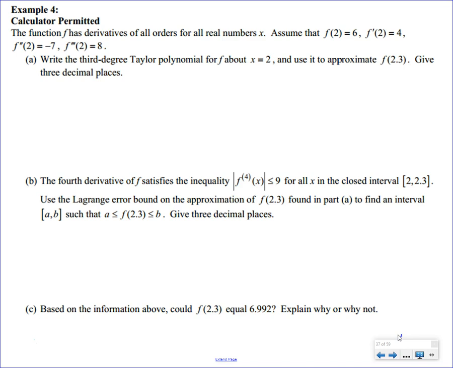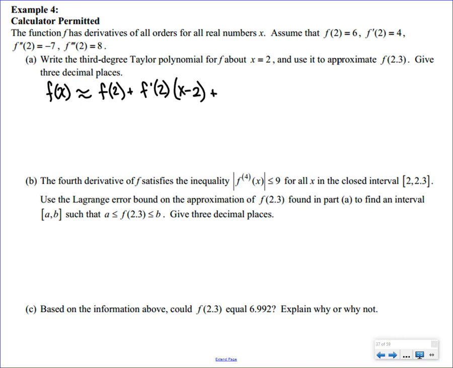Okay, so come here. How do we make a polynomial? F of x is approximately, because it's a third degree Taylor polynomial. Don't we need f of 2, plus f prime of 2 times x minus 2, right?